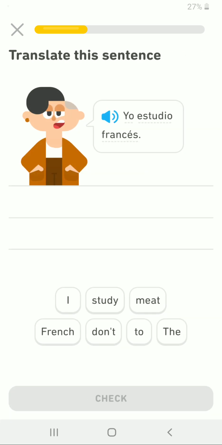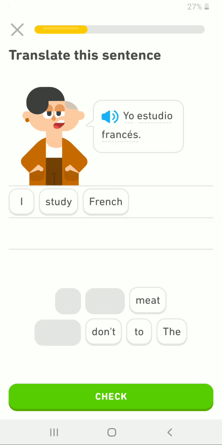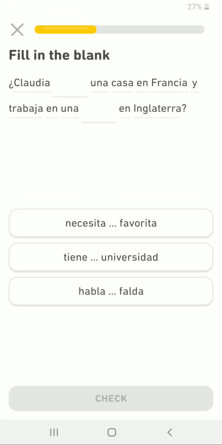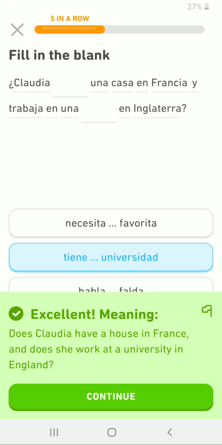It's a Yo verb. Yo estudio francés. I study French. And let's move this. Claudia tiene una casa en Francia y trabaja en una universidad en Inglaterra.